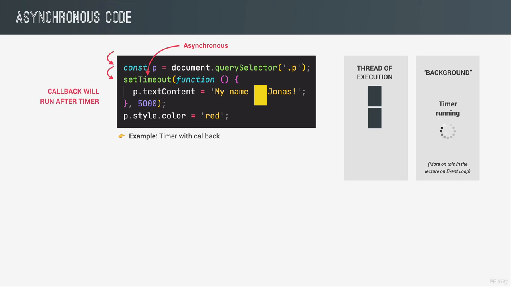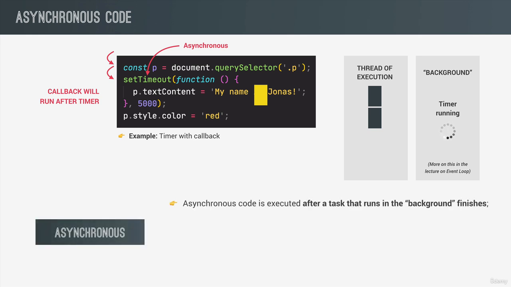And we have actually already done this many times before in practice, right? Now, this callback function that I just mentioned is asynchronous JavaScript. And it is asynchronous because it's only going to be executed after a task that is running in the background finishes execution. And in this case, that is the timer.